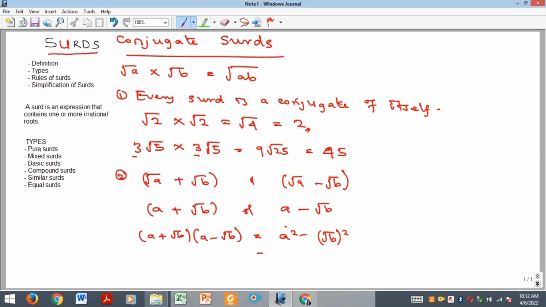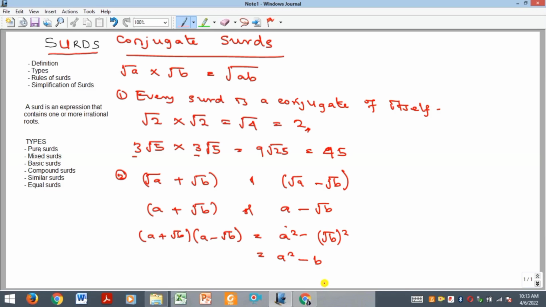And of course, this is going to give you a squared minus the square of this, which will be b. And since a squared is rational and b is rational, the difference of rational numbers will give you what? A rational number. Okay, so that's the meaning of conjugate surds.